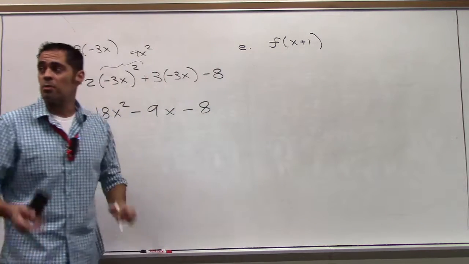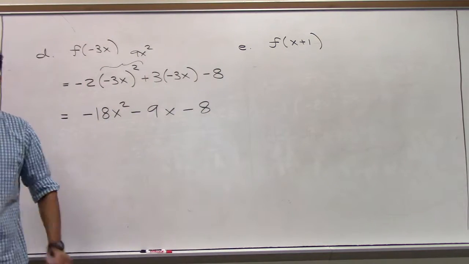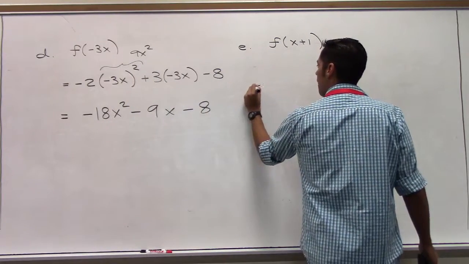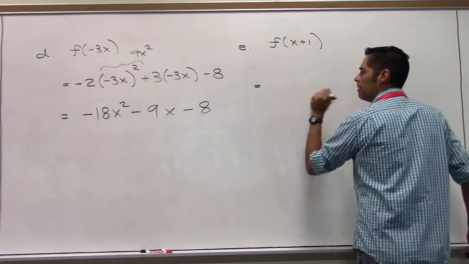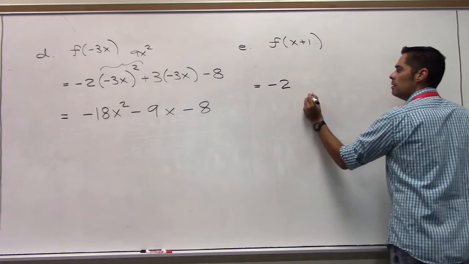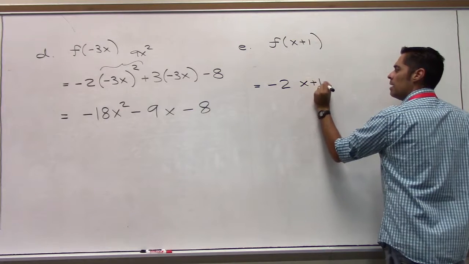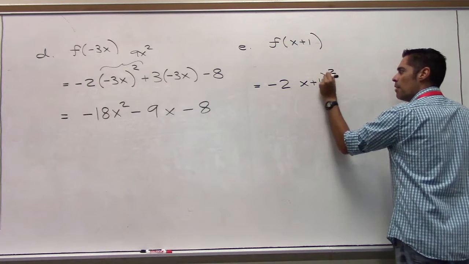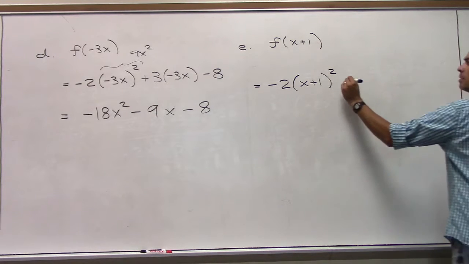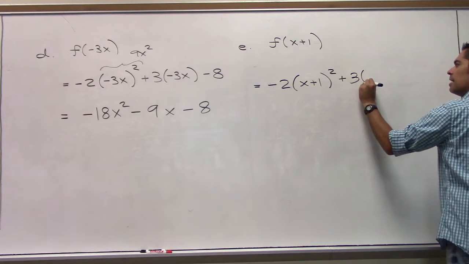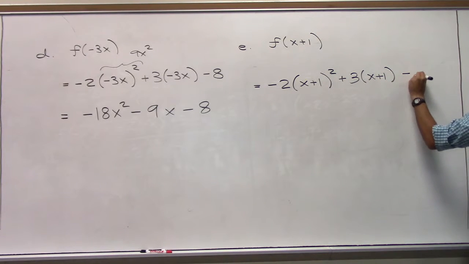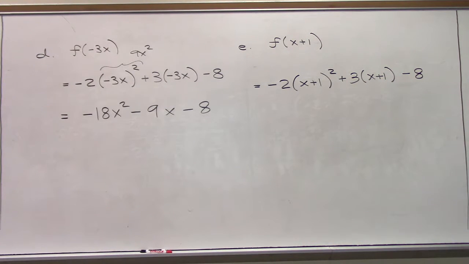So we have two terms we're plugging in instead of a single term. So we really have to be careful with the parentheses here. What would I write down here? Start with negative 2, then x plus 1 is what I'm plugging in, and I want to square that. I want to square the whole thing, so I need it in parentheses, don't I? Plus 3, parenthesis again, x plus 1, minus 8. Can we all agree with that?